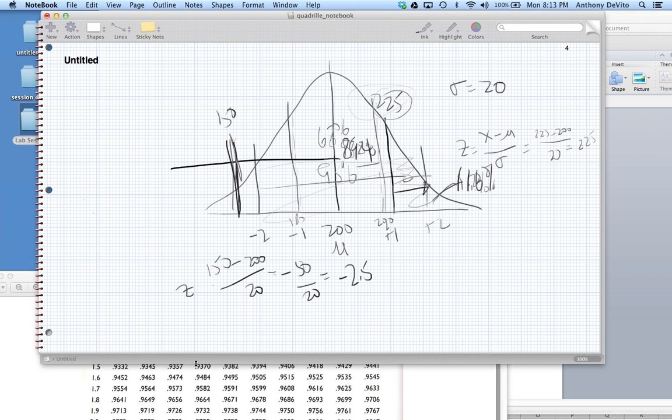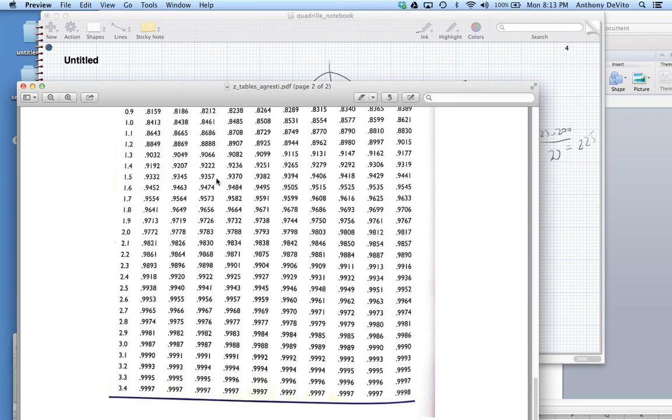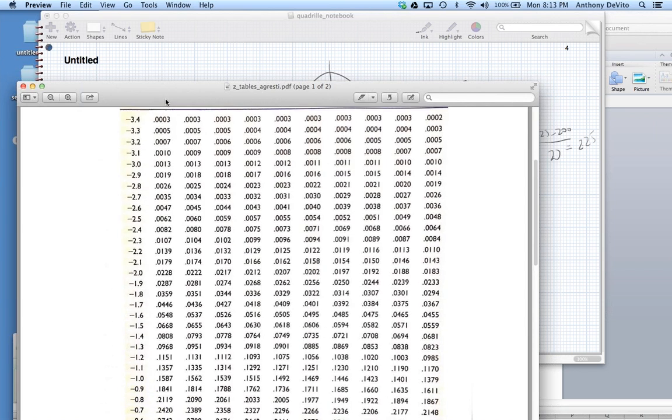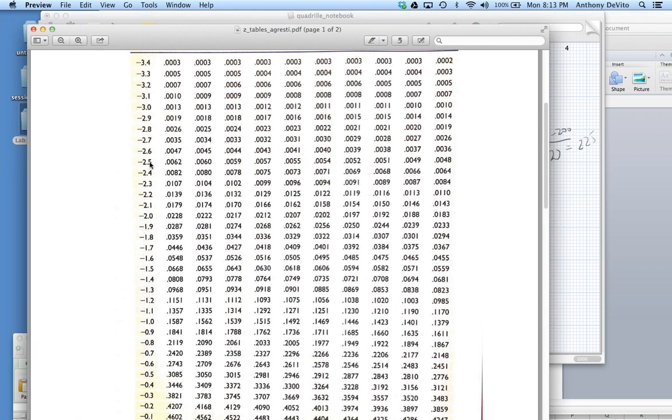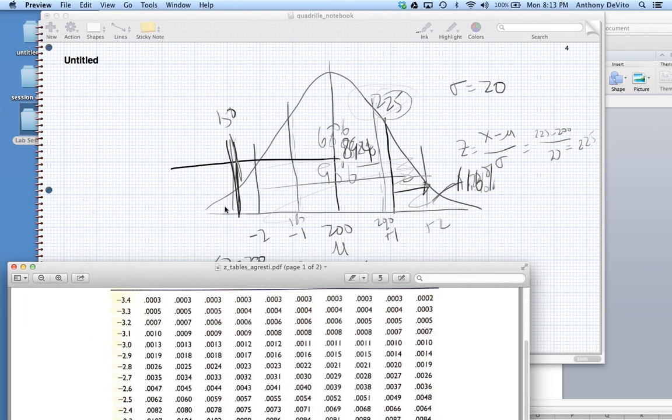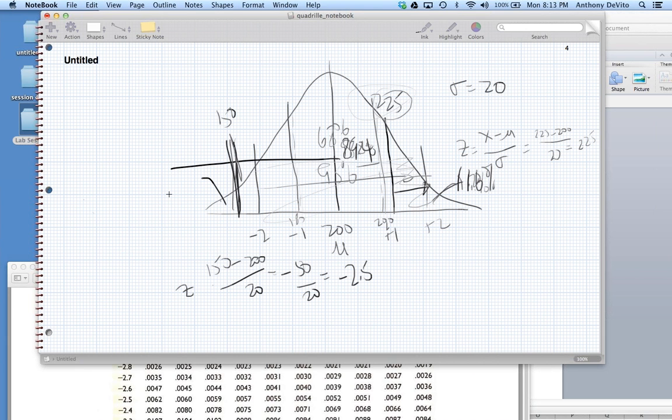If I go to the negative pages of my table, negative 2.50 is 0.006, or 0.6%. So the area below 150 is 0.6%. Up here we got 11.6%, and down here we got 0.6%.